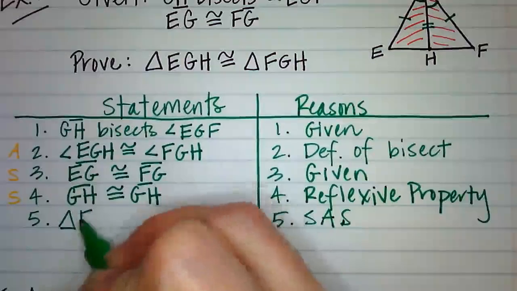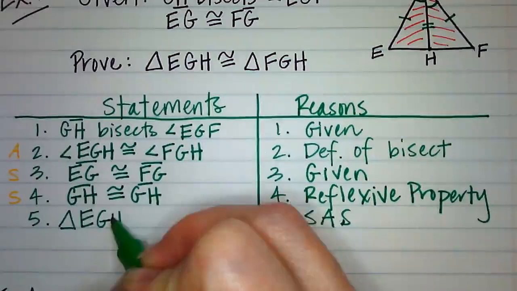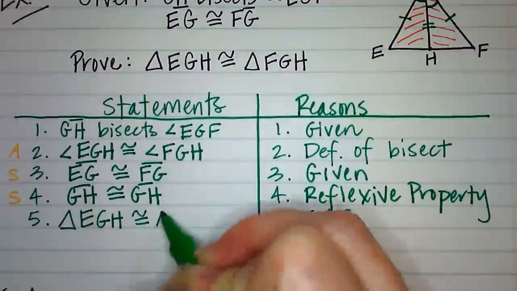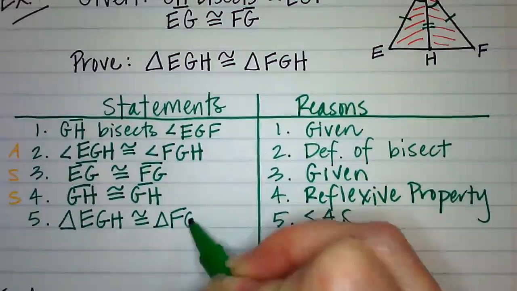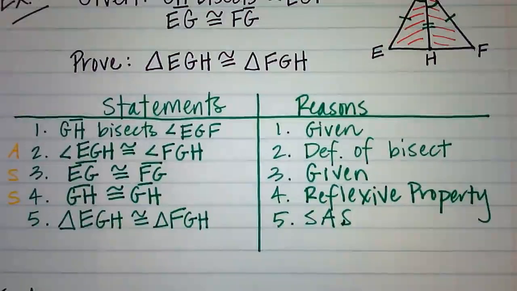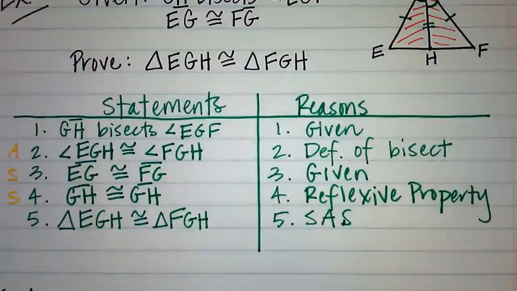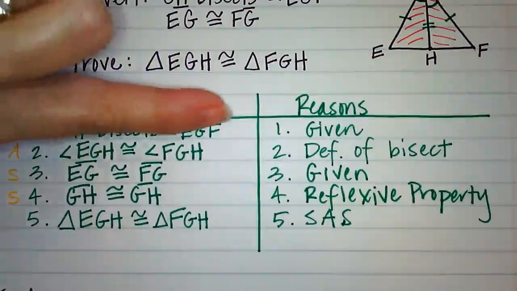So triangle EGH is congruent to triangle FGH. All right, perfect. So that one required 5 steps because when this statement said that GH bisects, that doesn't tell us that the two angles are congruent.